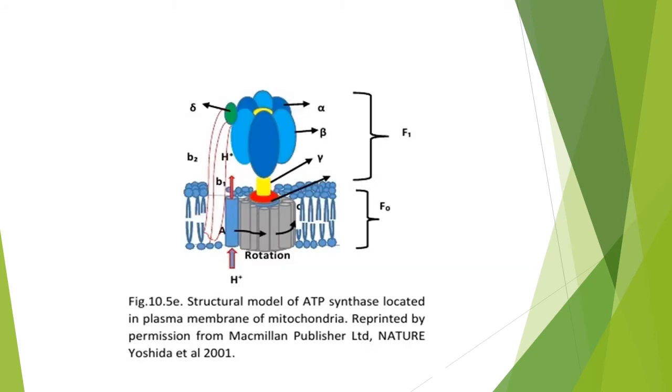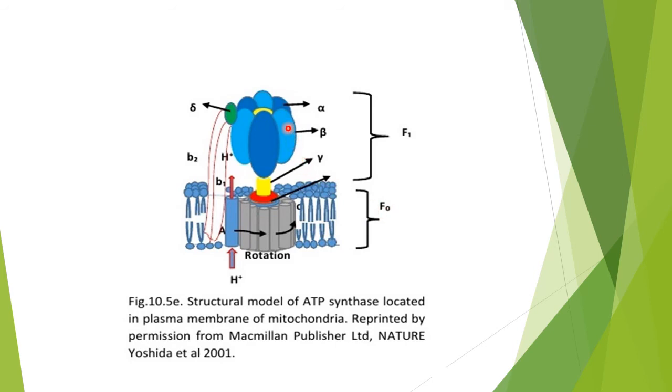So we have seen that this is a membrane, this is the matrix side, and this is the intermembrane space side. Towards the matrix side, this is the F1 particle, and the part embedded within the membrane is called the F0 particle.